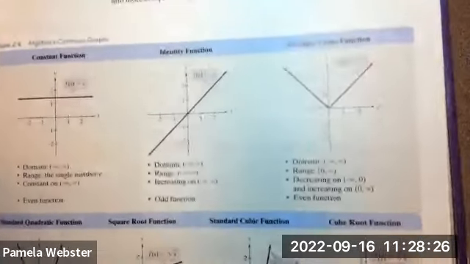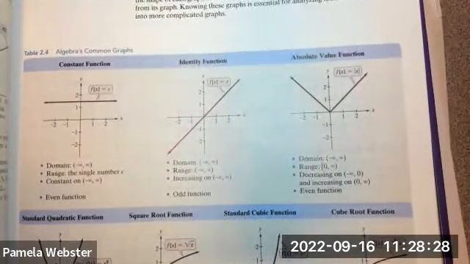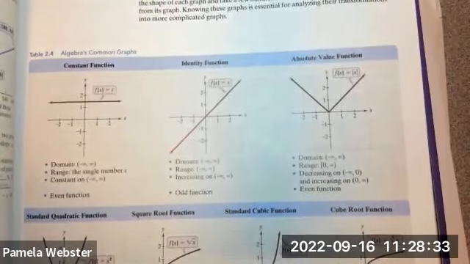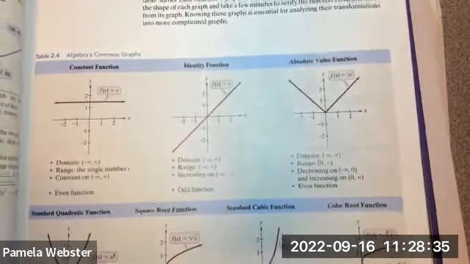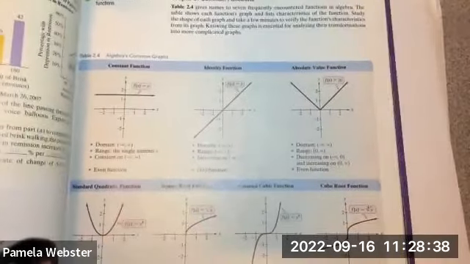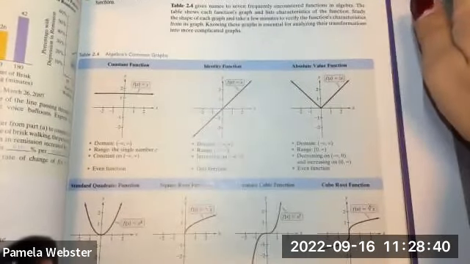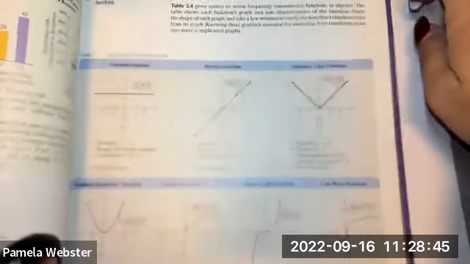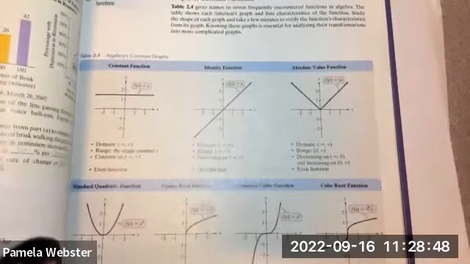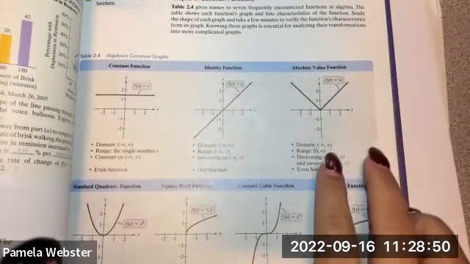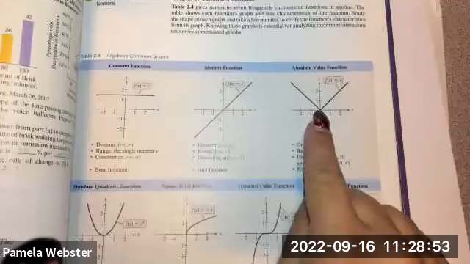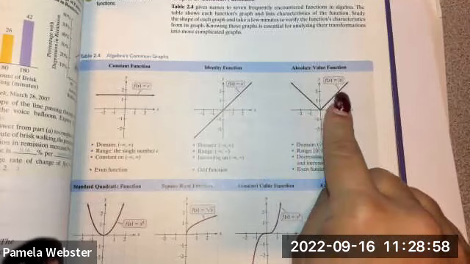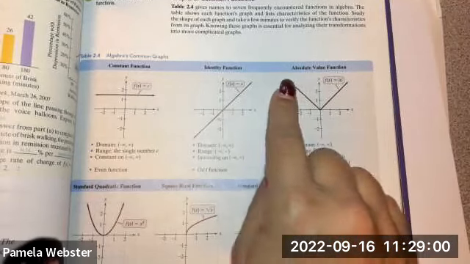And then we have the absolute value function, which is where they put the little brackets around it. Anyway, they put the brackets around the x, and I tell people absolute value starts with a V, and the look of your graph is a V to begin with.